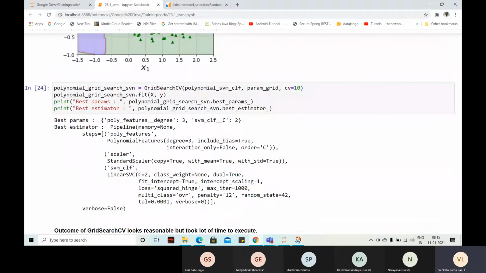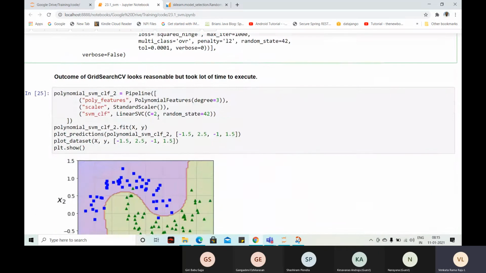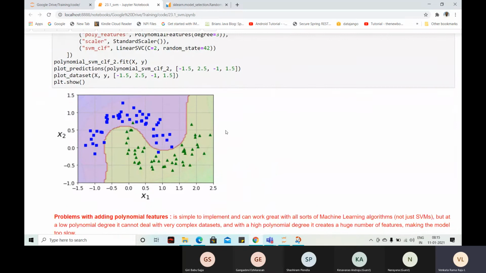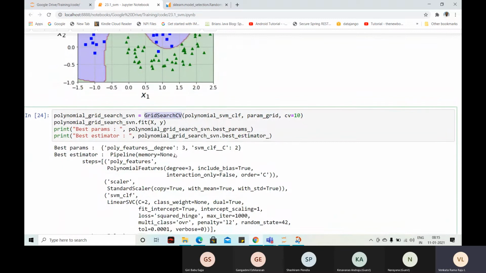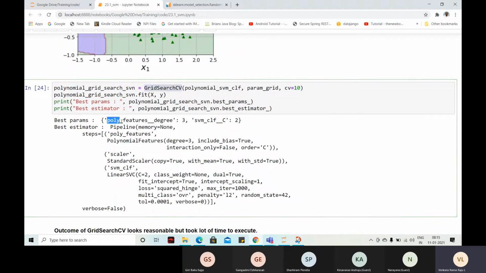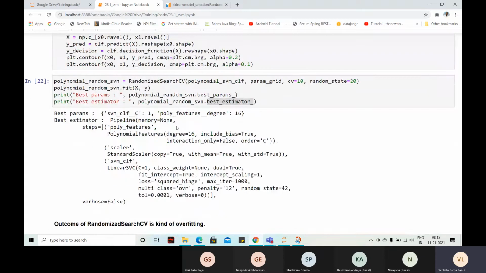I have taken GridSearchCV also. It will take time to execute GridSearchCV, and then I try to do a plot. When you do GridSearchCV, it's going to build 1900 models and find the best hyperparameters. When we did GridSearchCV, we got polynomial degree 3 and C=2. And when I did RandomizedSearchCV, C=1 and degree 16.